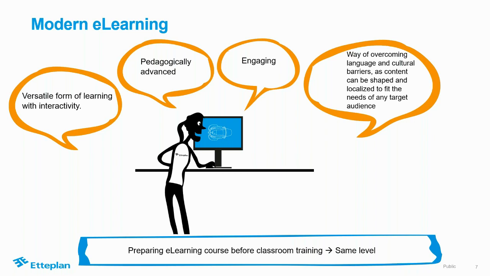Long passages of text are rewritten and adjusted to suit a variety of media, video, audio, and animation with interactive elements. This makes the material more engaging and increases the students' motivation to learn.